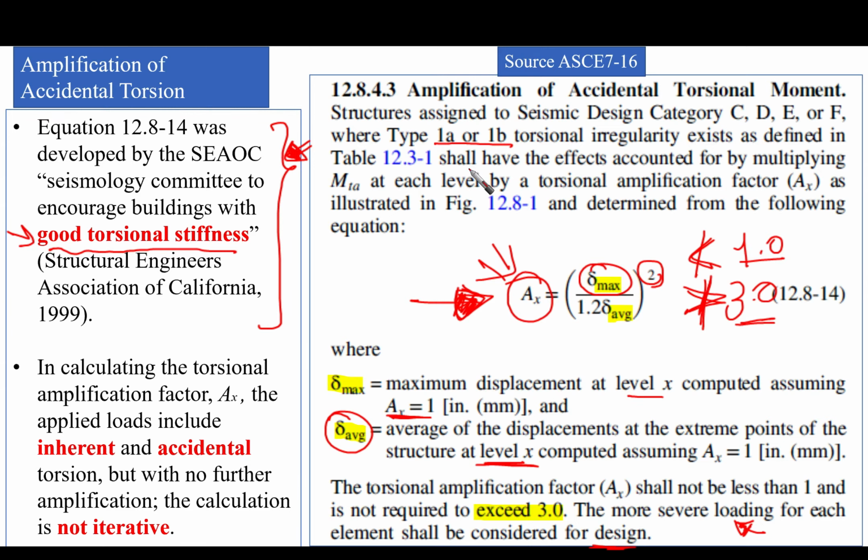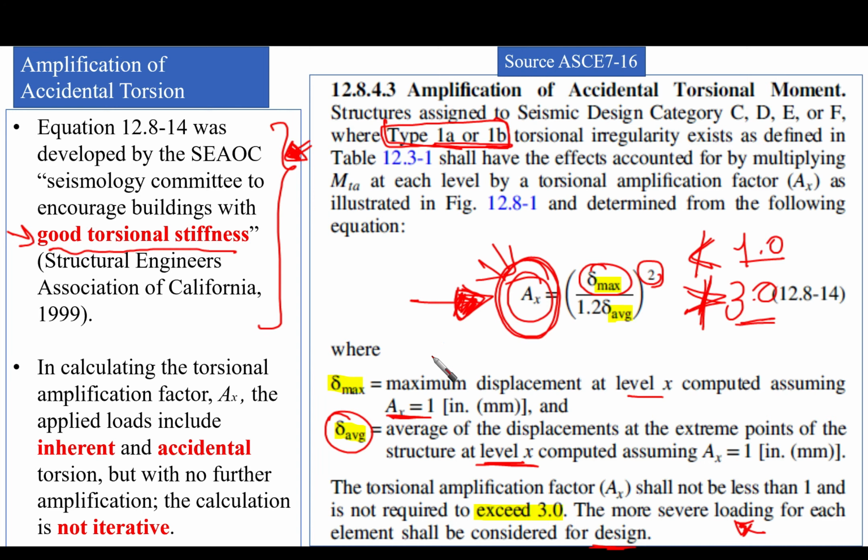If you are within type 1A or 1B, this is not recommended, so they put a penalty on you by adding more amplification on the accidental torsion. But if you keep your structure free of these types of irregularity, then you are not going to find this amplification factor needed.